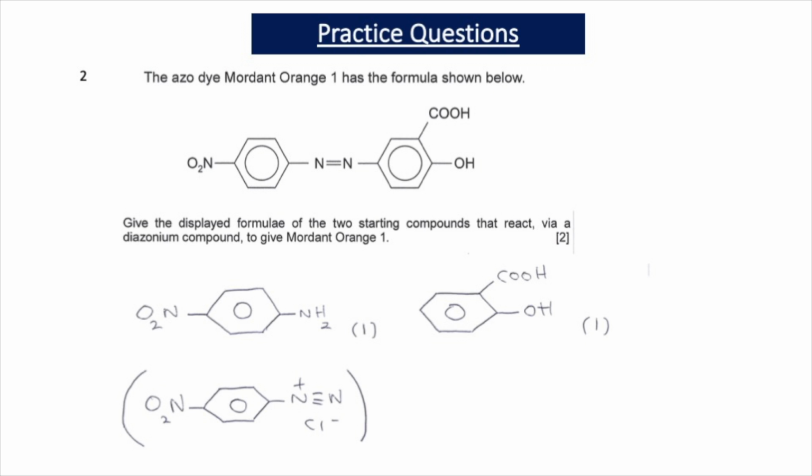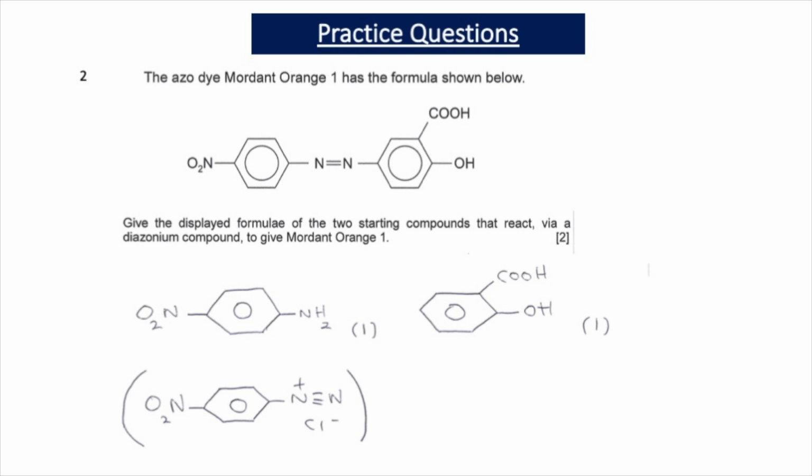Now this question is asking you to give the displayed formulae of the 2 starting compounds that react via a diazonium compound to give this dye mordant orange 1. Now the key words here are via a diazonium compound. So they don't want you to draw the diazonium salt, they want you to draw the compound that makes the diazonium salt.